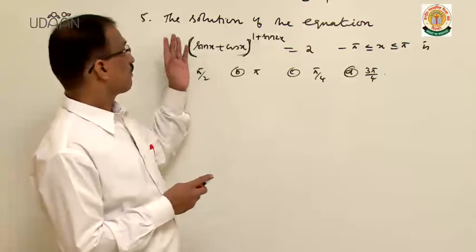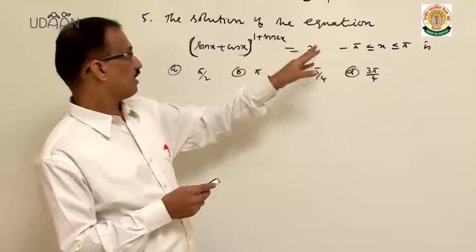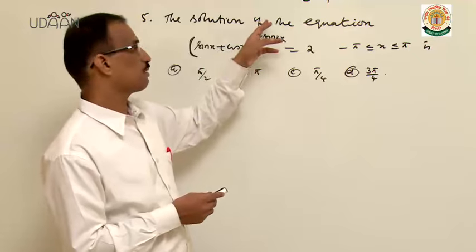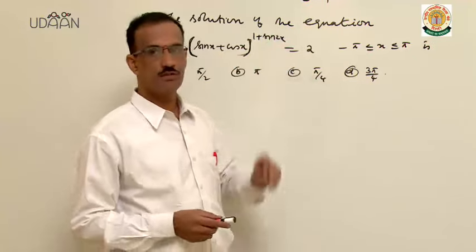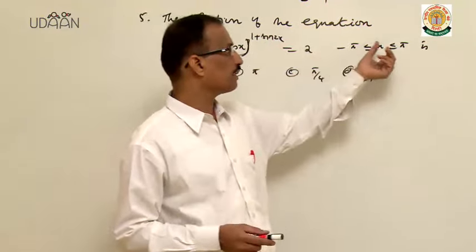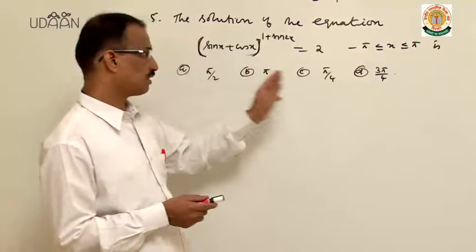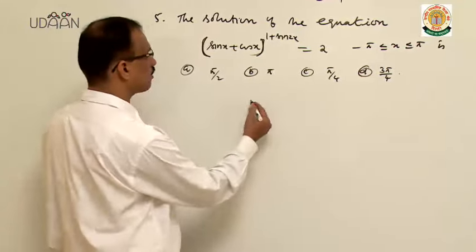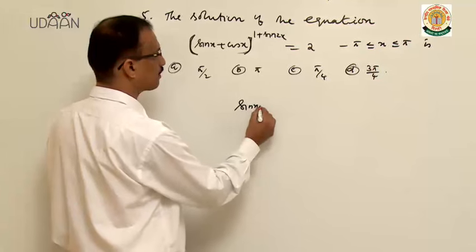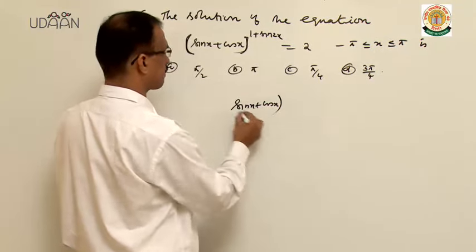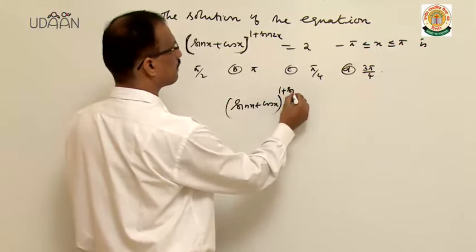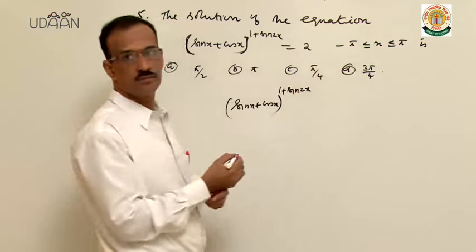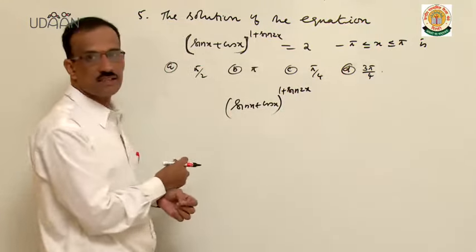Now the next question, the fifth one, says the solution of the equation sin x plus cos x power 1 plus sin 2x is equal to 2, where x lies between minus pi to pi. So here the equation is sin x plus cos x power 1 plus sin 2x. This looks like a cos x plus b sin x.